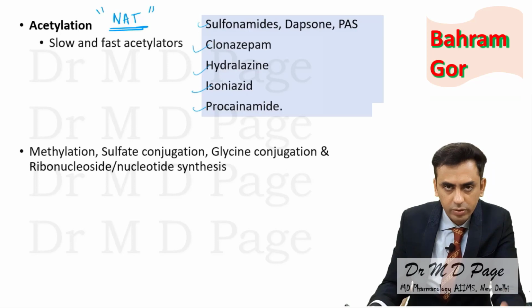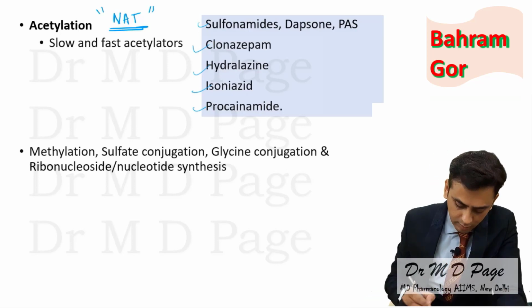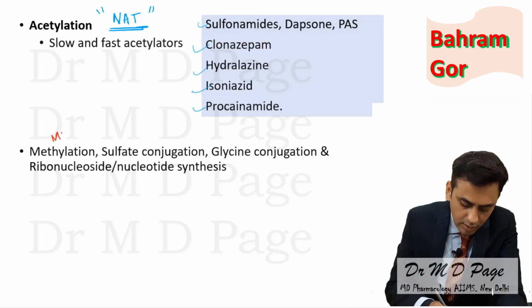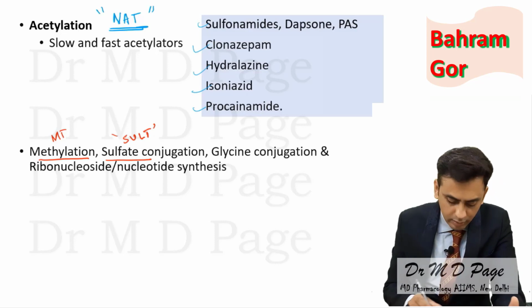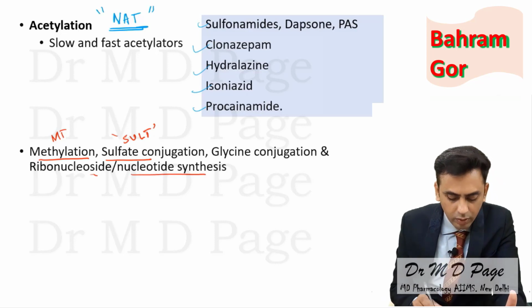Of the remaining phase 2 reactions, methylation is carried out by methyl transferase, sulfation is carried out by sulfotransferase, then glycine conjugation, and ribonucleoside or nucleotide synthesis.